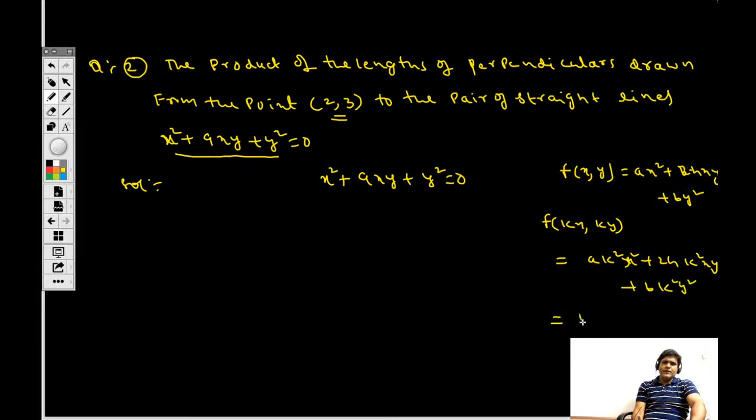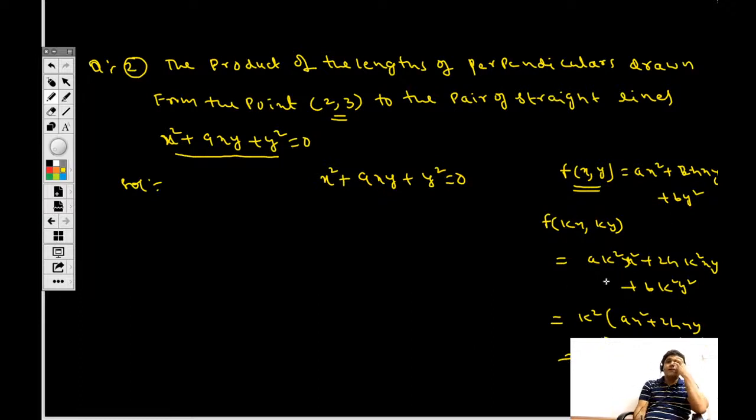If you take k square common, inside the bracket you will have ax square plus 2hxy plus by square. This is nothing but k square into f of x, y only. This is the actual method to check whether the given equation is homogeneous or not. If you get like this, this is the homogeneous equation of degree 2.